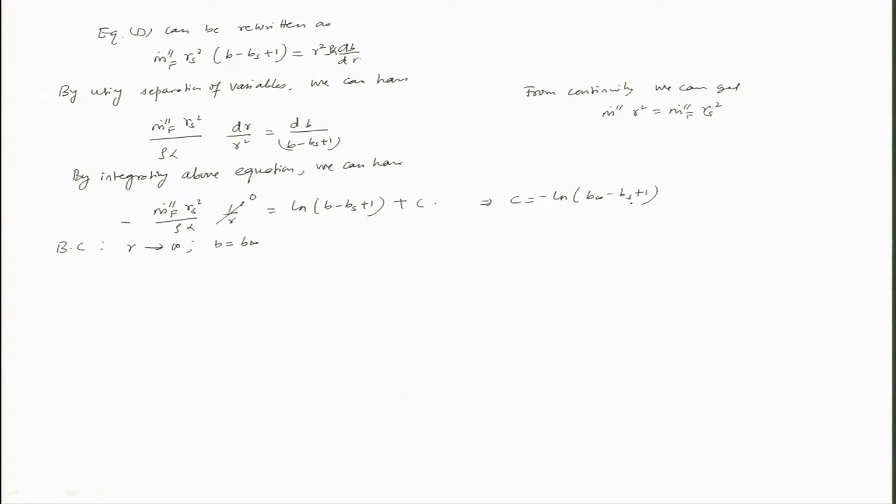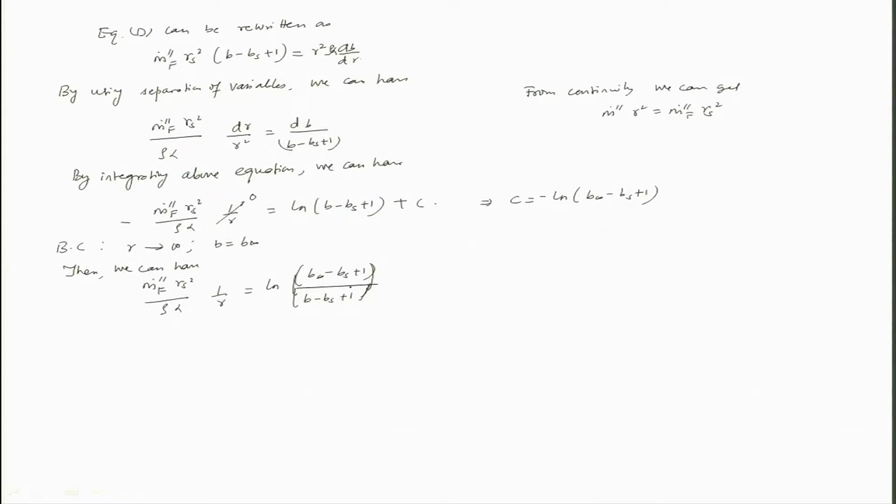Okay. So, then we can have one by R is equal to ln of B infinity minus Bs plus 1 divided by B minus Bs plus 1, with this bracket.